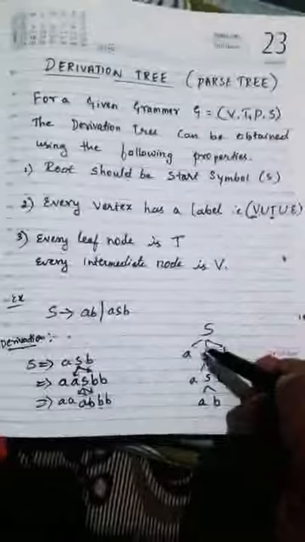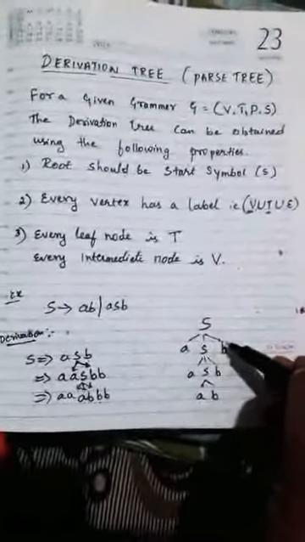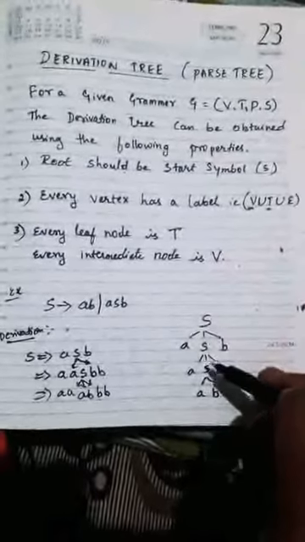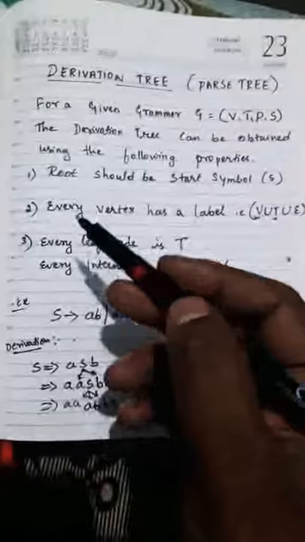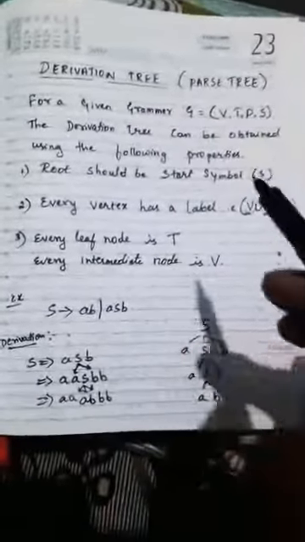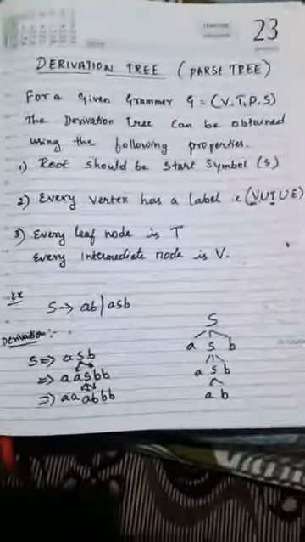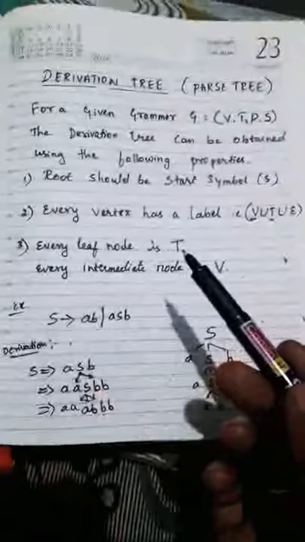In this tree, this vertex is a variable, this vertex is a terminating symbol, this vertex is a variable, this vertex is a terminating symbol. Likewise, every vertex or every node should be either a variable, a terminating symbol, or an epsilon. Now, every leaf node should be a terminating symbol.